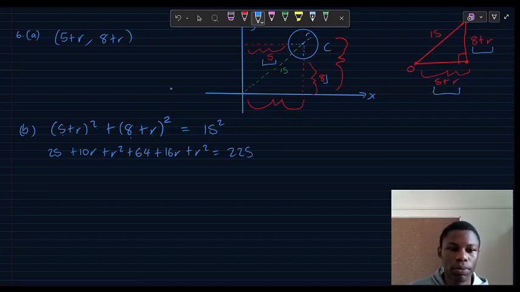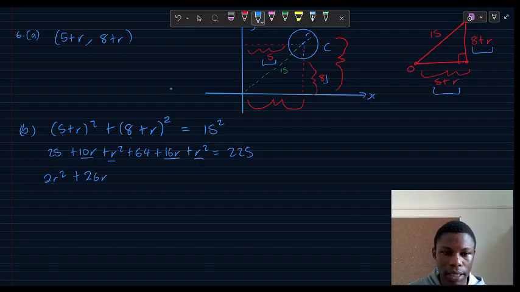And now we are going to reduce this to a 3-term quadratic. So we've got r squared plus r squared, which is 2r squared. And then we've got 10r plus 16r, which is 26r. And then we've got 25 plus 64. And we can bring this 225 that side and subtract it.